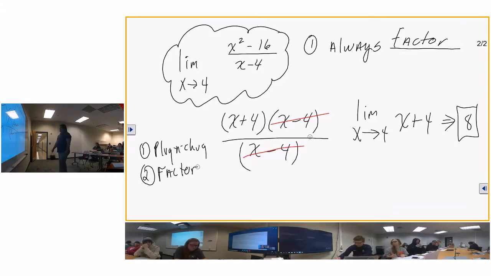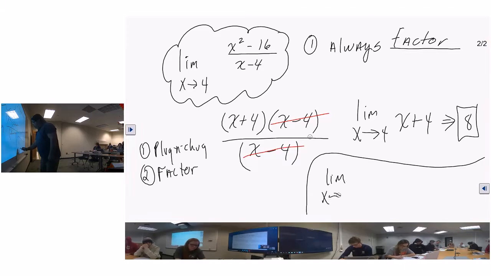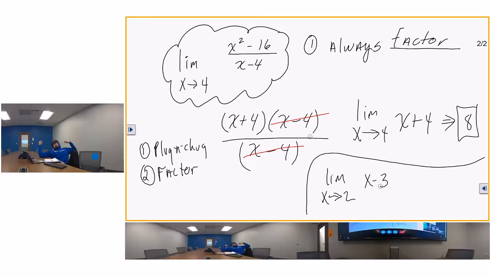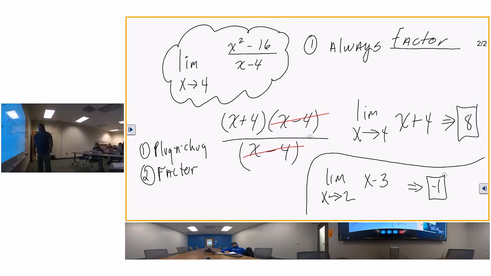I'll show you number 1 right now. The limit as x approaches 2 of x minus 3. So what's the answer? -1. That's just a plug and chug.